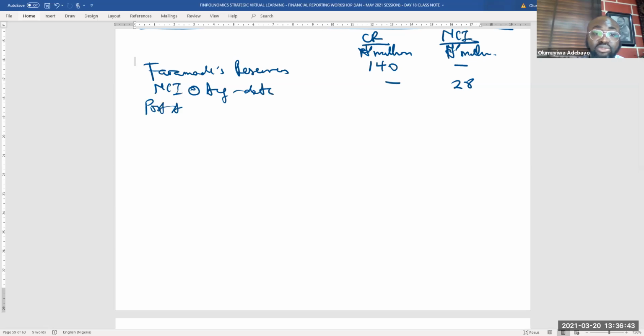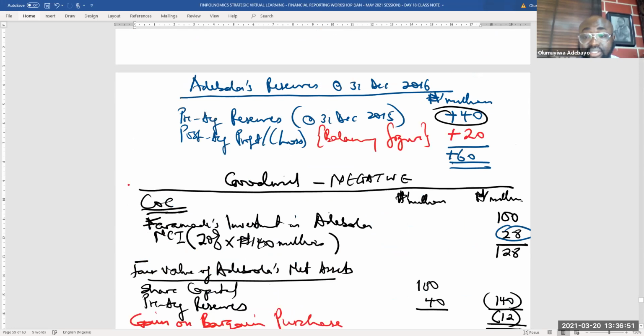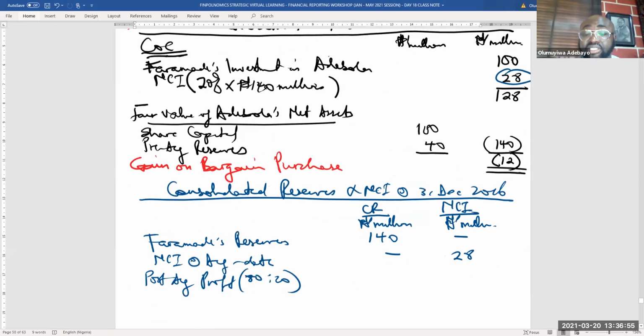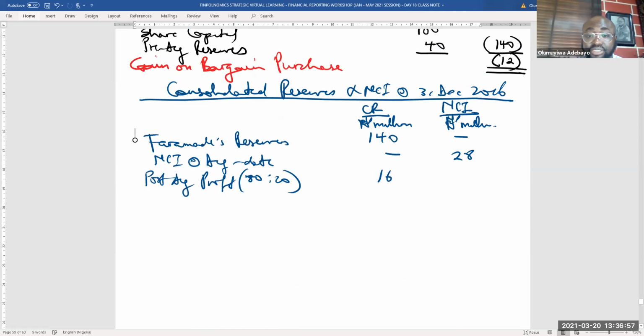Share of post-acquisition profits is ratio 80-20. And what are we sharing? We are sharing 20 million. 80-40 of 20 million is 16.4.